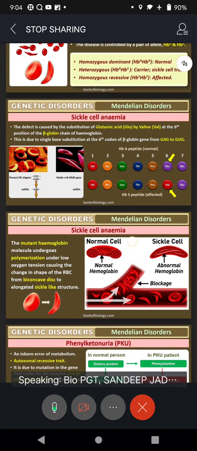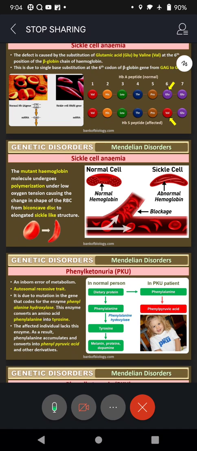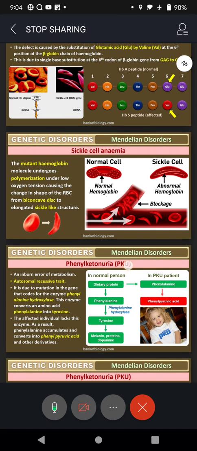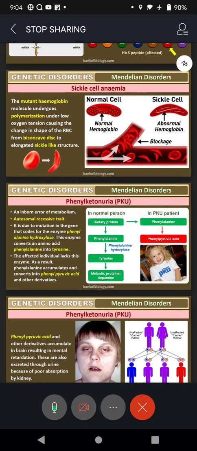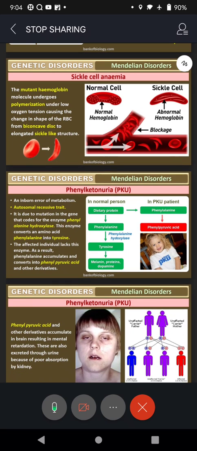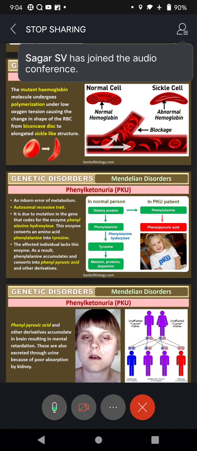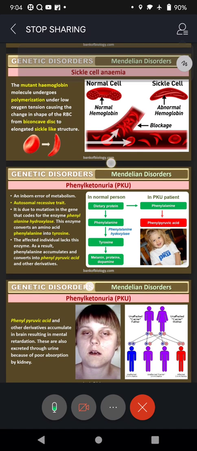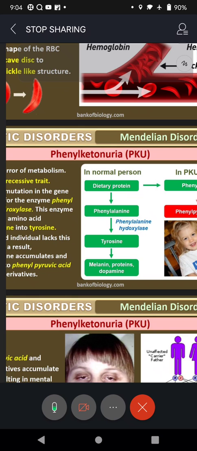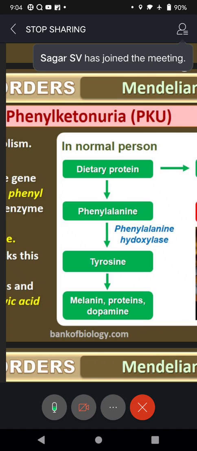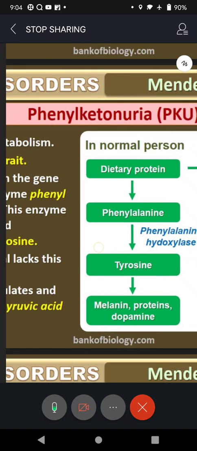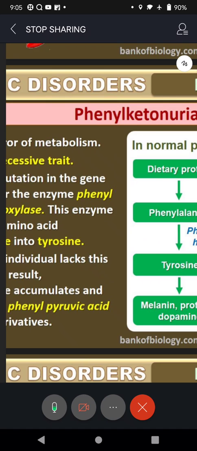Now we go to one more, that is called phenylketonuria. Normally it is abbreviated as PKU. Yes, you are right, only genetically we can correct. There is no cure with some injection or tablet.